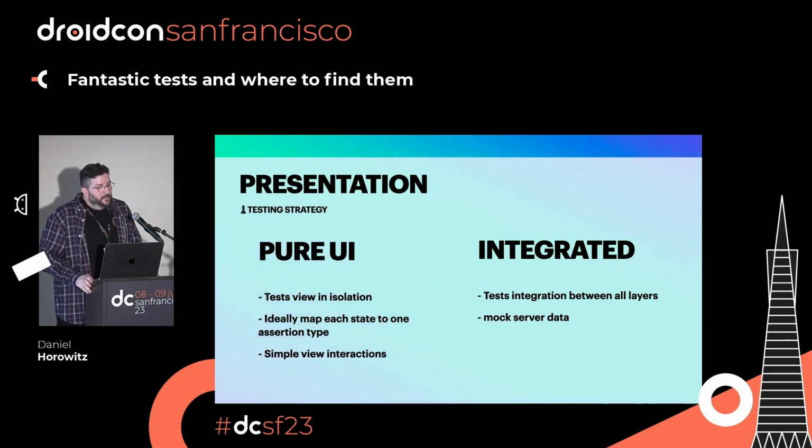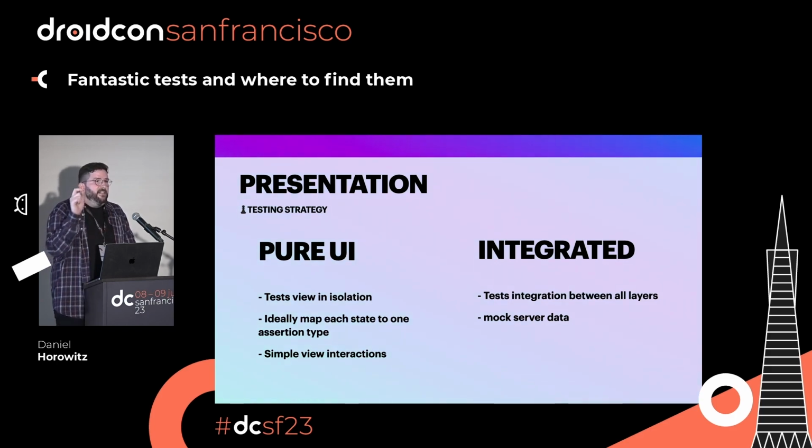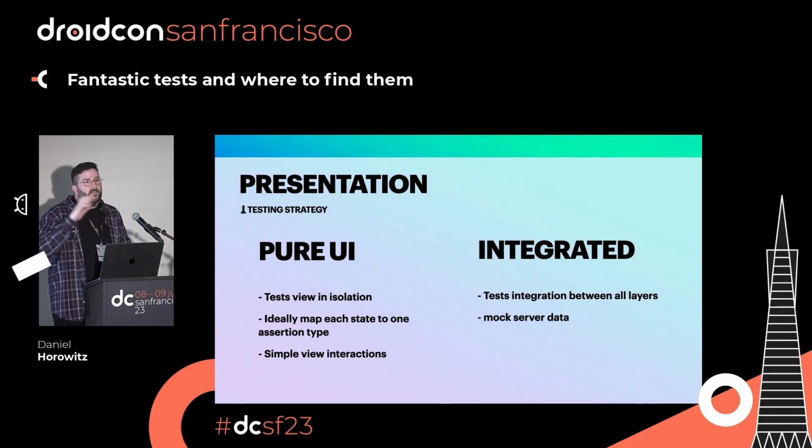Pure UI tests test the view in isolation. They ideally map each state to one assertion type. And you do simple view interactions, like a click on something and assert something, or just launch the view and assert another thing.